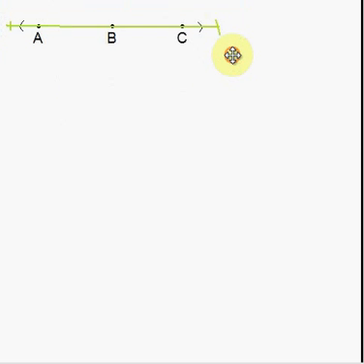Now remember we talked about a point has no dimensions. It is just an undefined point in space. So now today we're going to talk about planes.